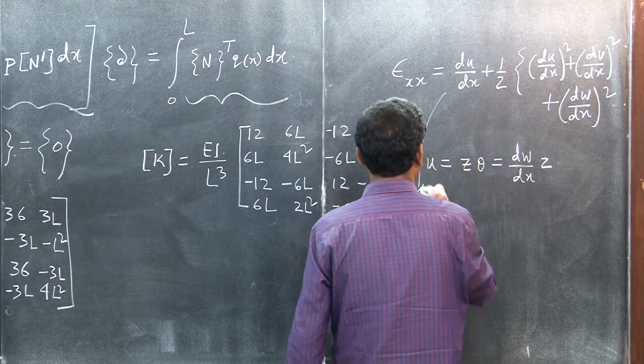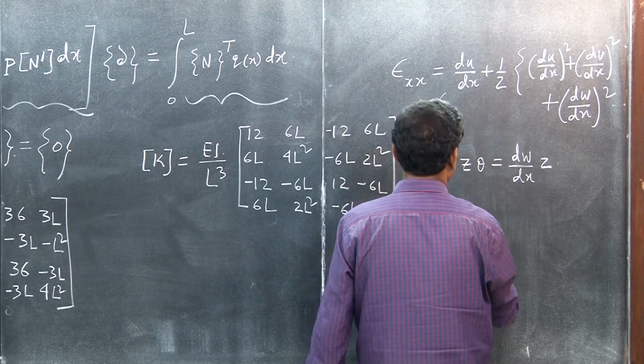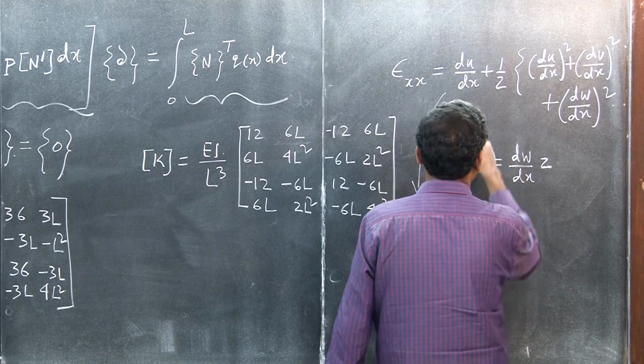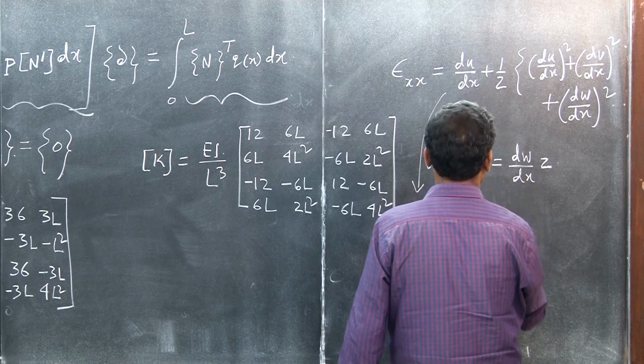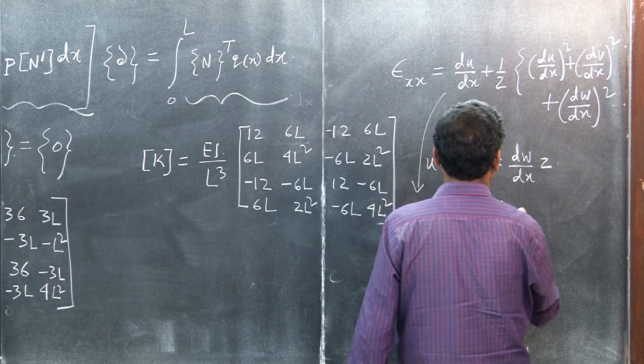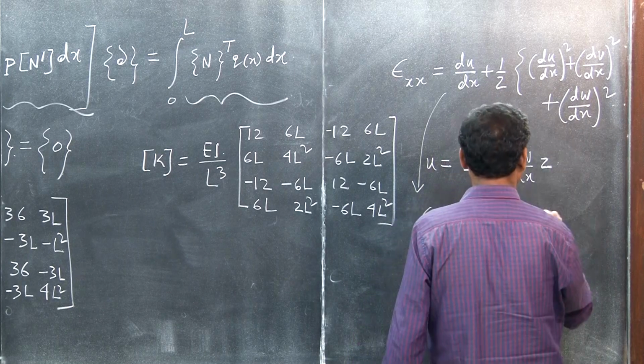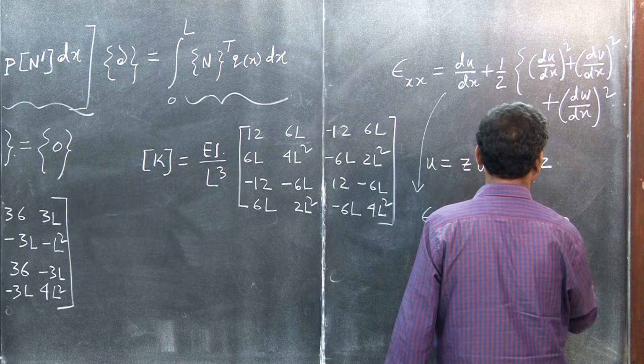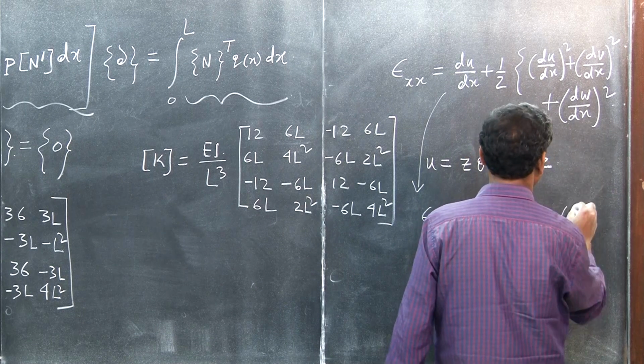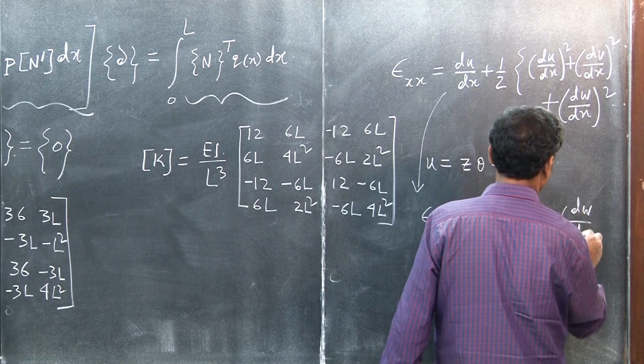So here epsilon xx comes as, if you just take it, minus z d2w dx2, and from here, taking the half, for the out of plane deflection, there is dw dx square.